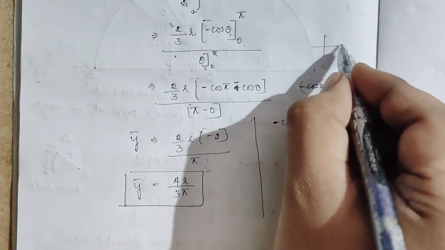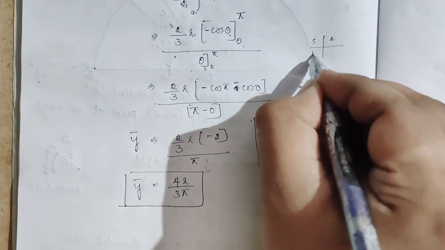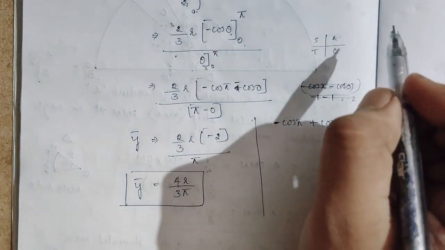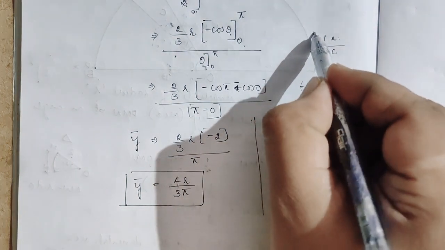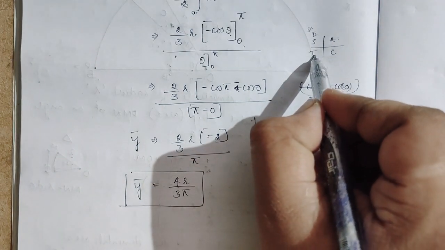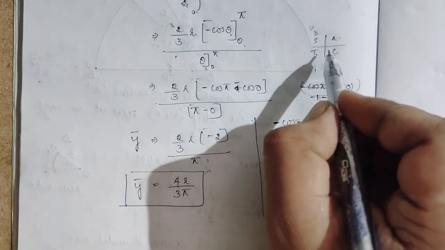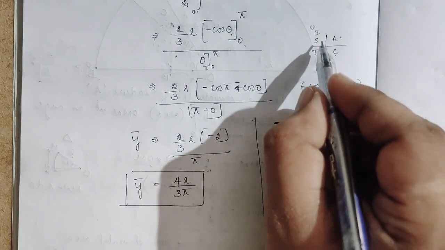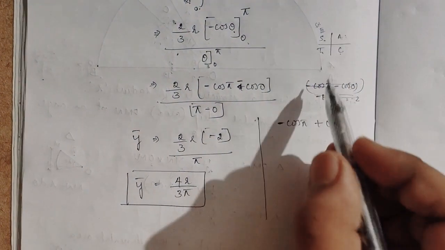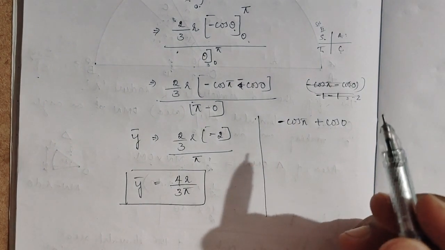In the all students take coffee rule, in the first quadrant all the signs are positive. In the second quadrant sine and cosecant are positive, in the third tan and cotangent are positive, and in the fourth cosine and secant are positive.